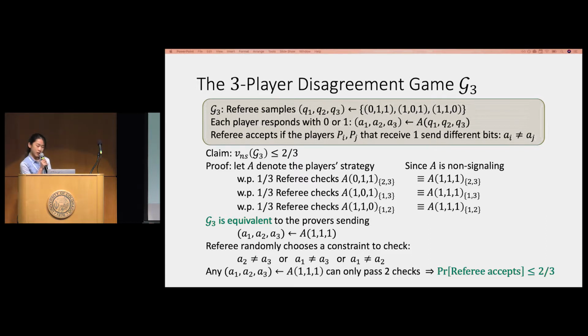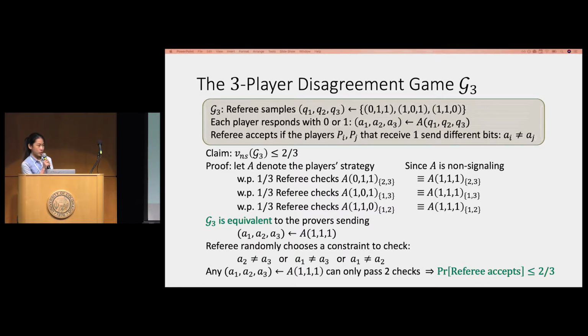And the punchline here is, well, any triplet of bits can only pass two of these checks, right? If we have a 3-bit string, it can only satisfy two of these constraints. So the probability that the referee accepts in this equivalent view of the game is at most 2/3. And so the non-signaling value of our disagreement game is at most 2/3.